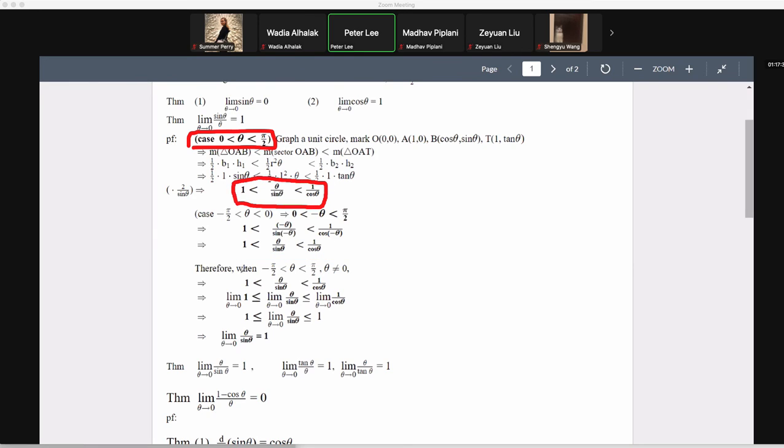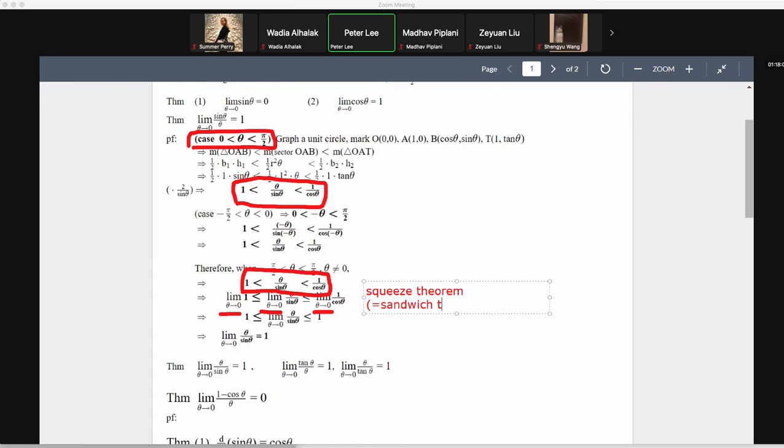And then from this inequality, we actually attach the limit: theta is approaching 0 on all three sides. This is what we call the squeeze theorem, or it's also called the sandwich theorem.